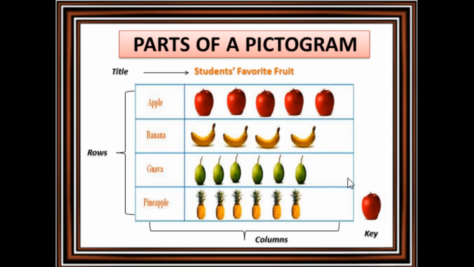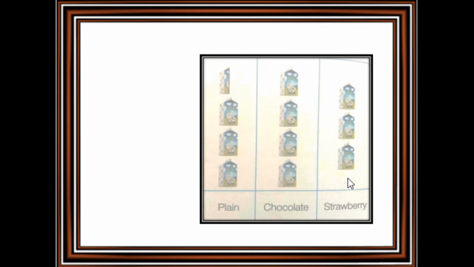Let's try to know what are the steps in making a pictogram. For instance, we want to know and make this table, okay? We would like to know how to make this one. So let's have the steps. Number 1. Write the flavors of the milk. We wanted to know how much milk this girl has drunk for 3 months.